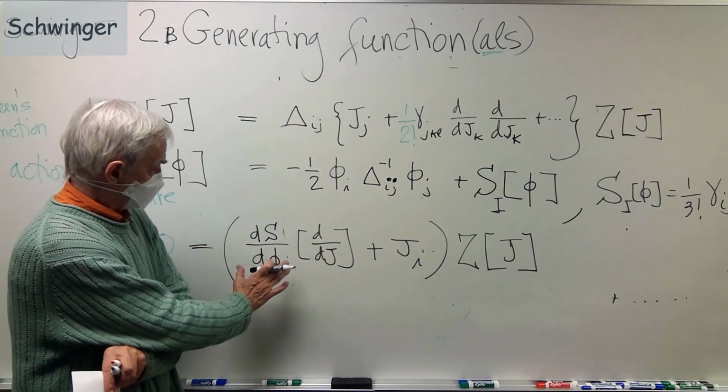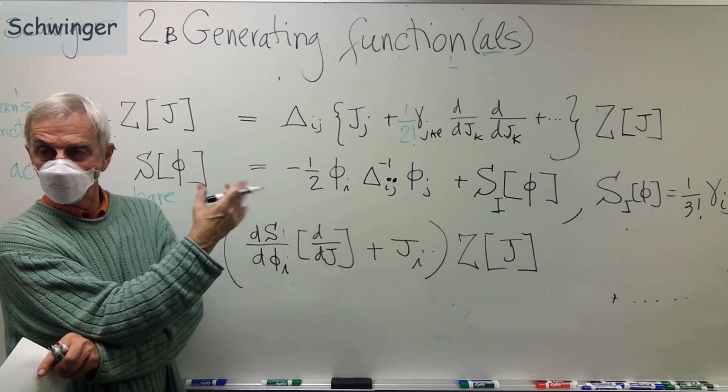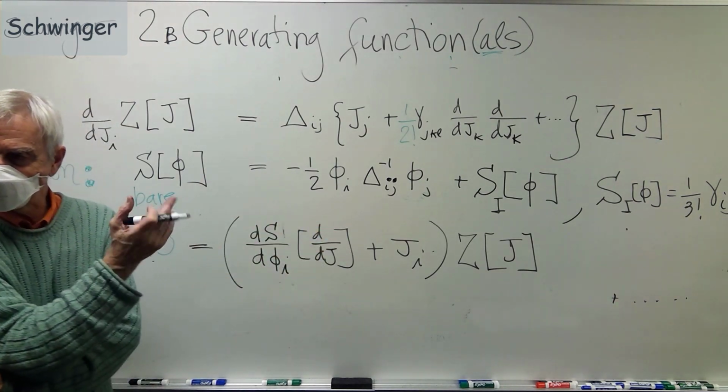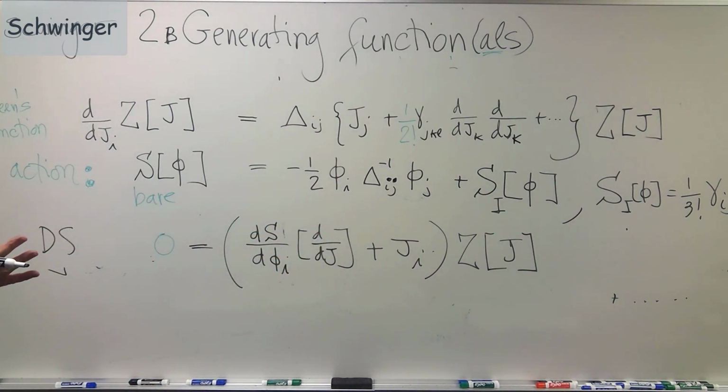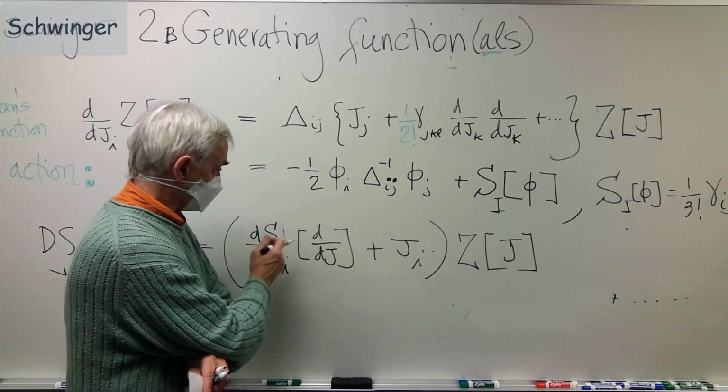And that's the Dyson-Schwinger equation. It relates the partition function Z to the laws that we impose on the system, which are all listed in this action S.